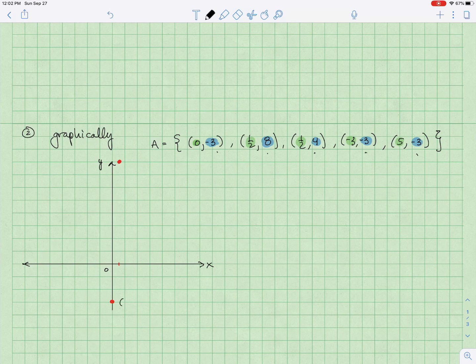So this was 0, negative 3. This was 1/2, 8. We also have 1/2, comma 4, which is right there. Negative 3, negative 3, which is down there. And then 1, 2, 3, 4, 5, negative 3.